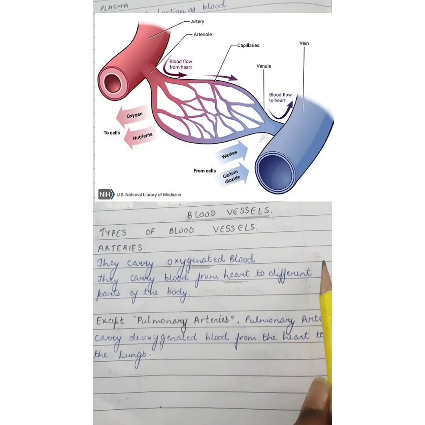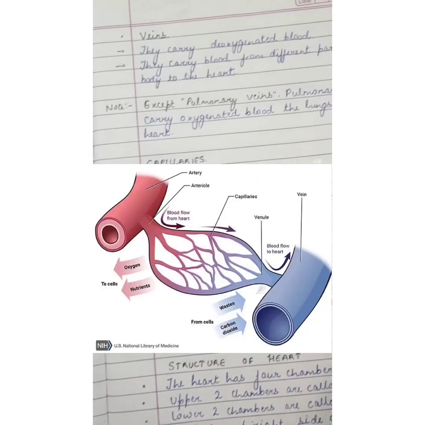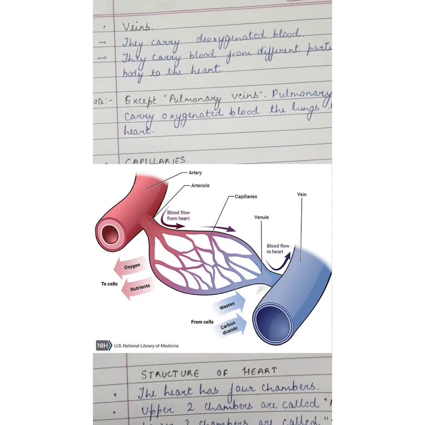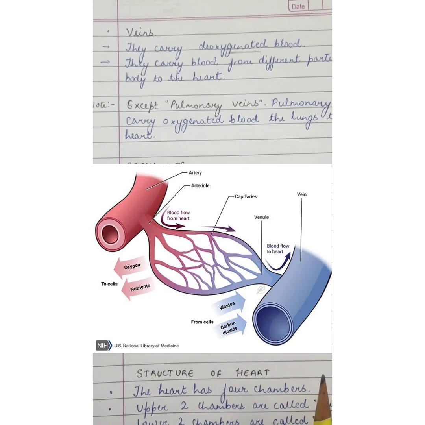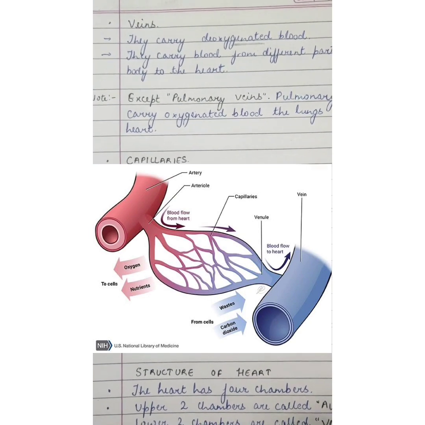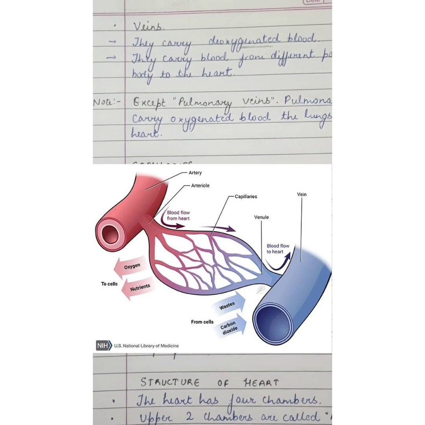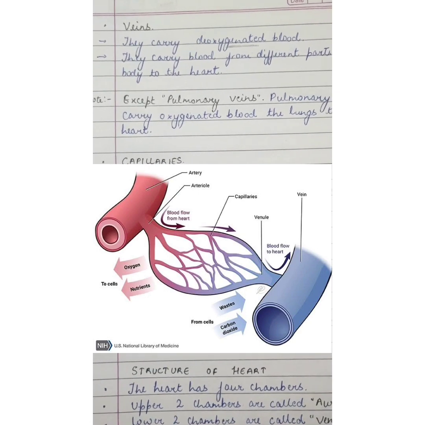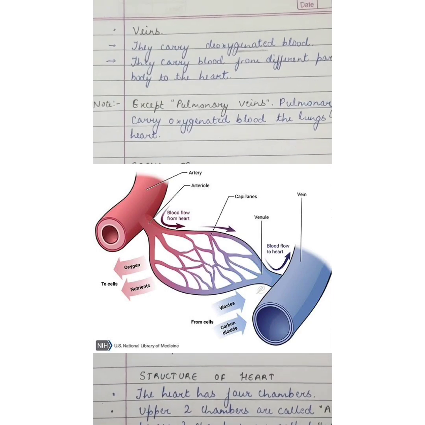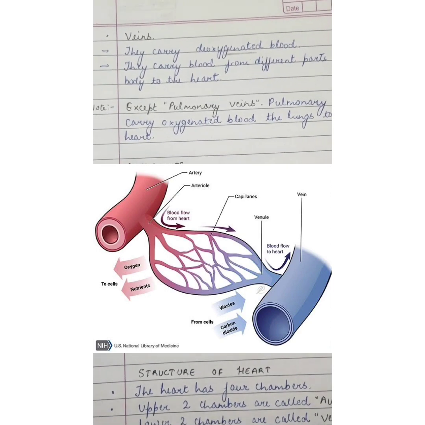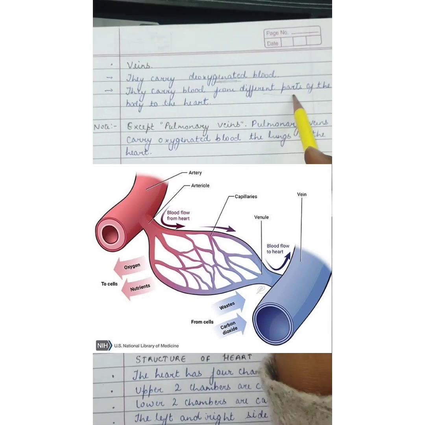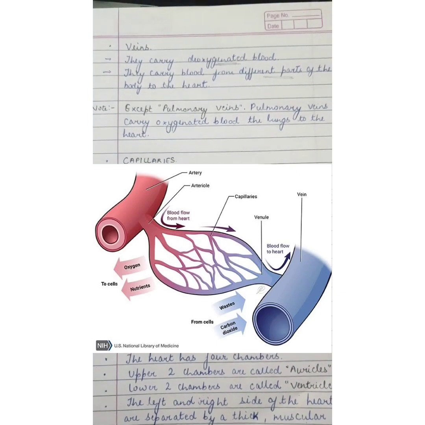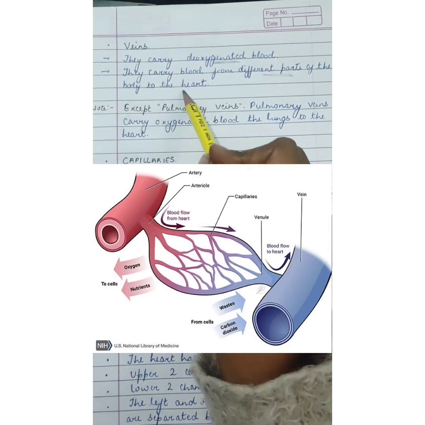On the other hand, veins carry deoxygenated blood. Deoxygenated blood means the blood which does not contain oxygen, but it is rich in carbon dioxide molecules. So veins carry deoxygenated blood from different parts of the human body to the heart.